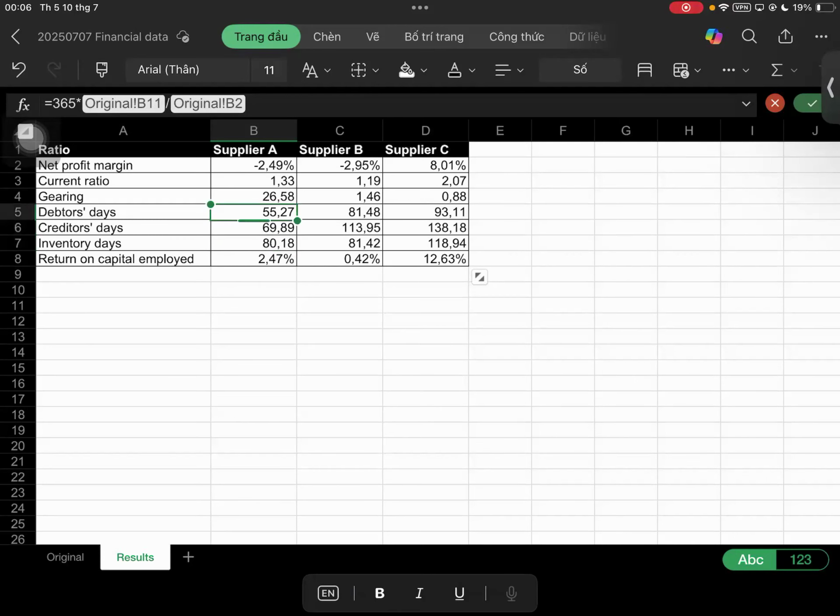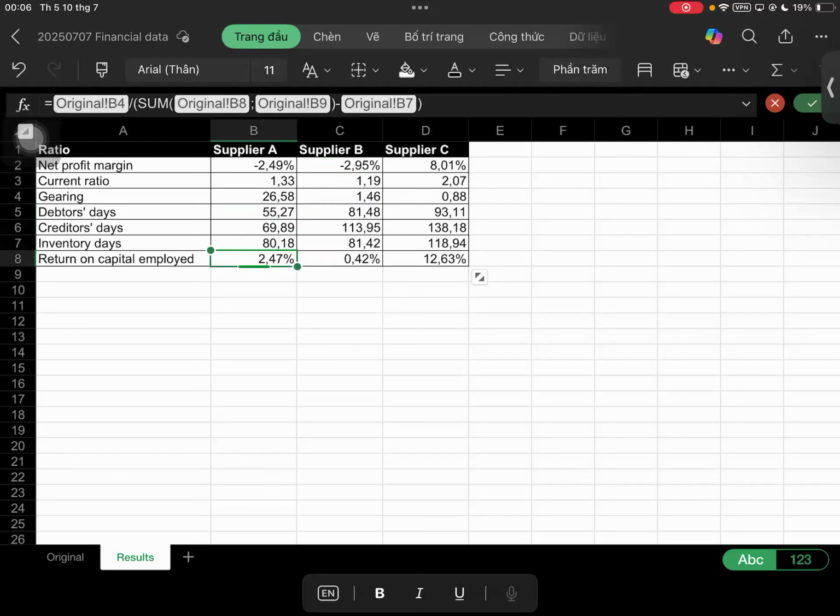However, when we consider other financial ratios, supplier C stands out. Supplier B has a number pretty close to supplier A in terms of efficiency, but they also have a negative profit margin.